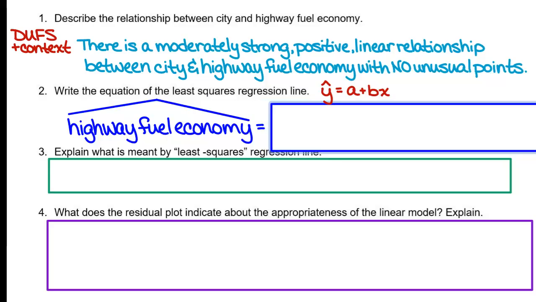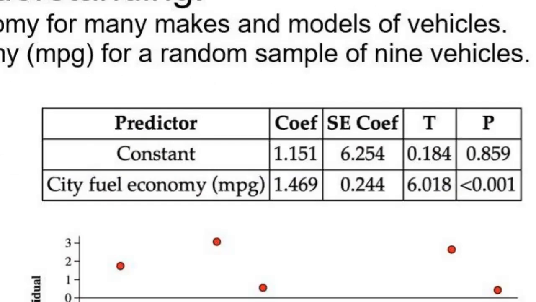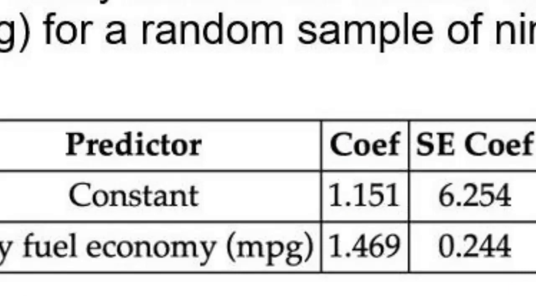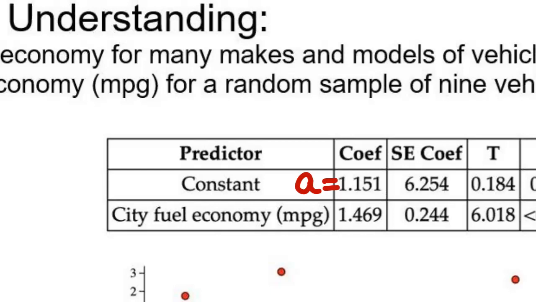So this is going to be highway fuel economy hat, or the predicted highway fuel economy, equals, where do we get A from? The constant. When you look at these summary statistics back here, it's coming from these coefficients. The constant coefficient, that's A. I know it has to go with the constant because there's no variable. When my variable changes, this stays the same. That's why it's called the constant.